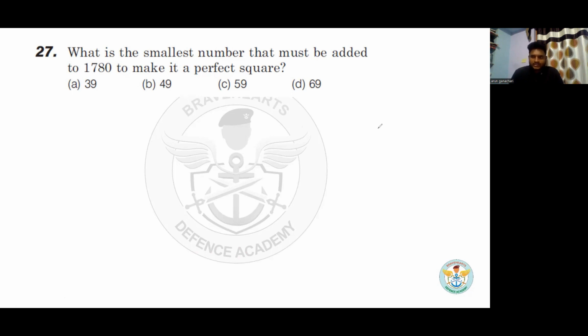Try to use the division method, you'll get the answer correctly. Division method is the solution here. Whenever there is "added", we have to select the next number. We should not select the previous number, we should select the next number.